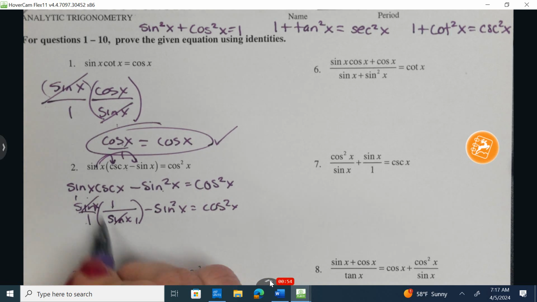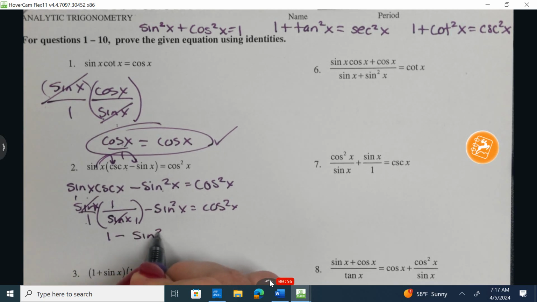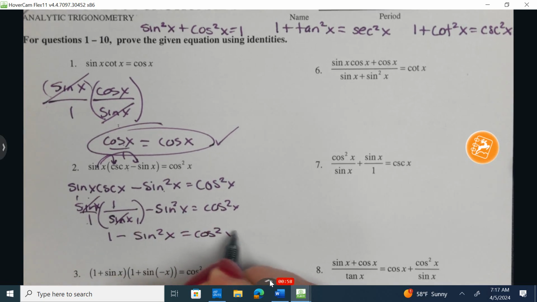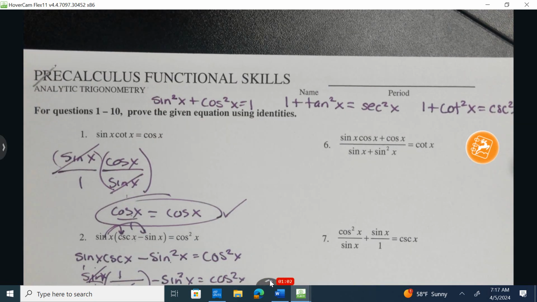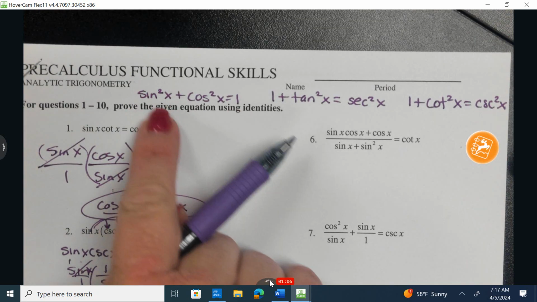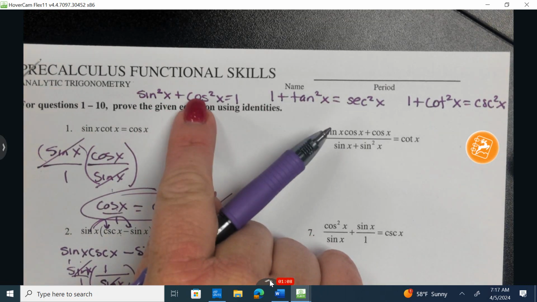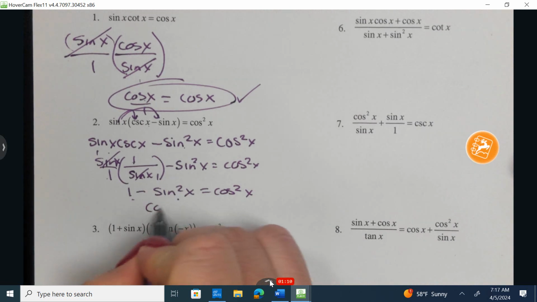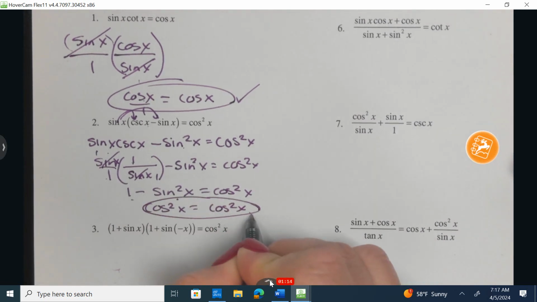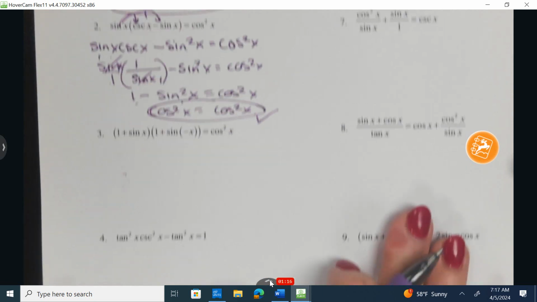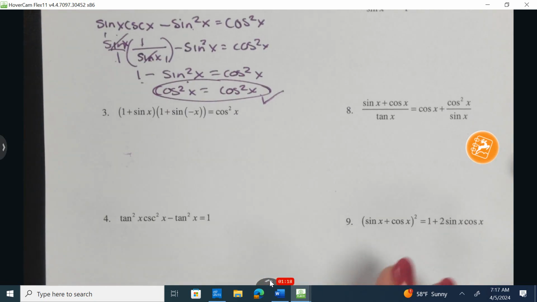I have 1 over 1 is 1. 1 minus sine squared, if I come up here. If I want to achieve 1 minus sine squared, 1 minus sine squared is equivalent to cosine squared. Number 2 is done.